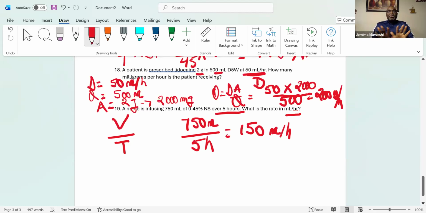This is only the basic infusion rate and drip rate. It's not the advanced one. Once you master the basic one, you've set up a solid foundation, my dear friend. The rest is going to be easy for you.